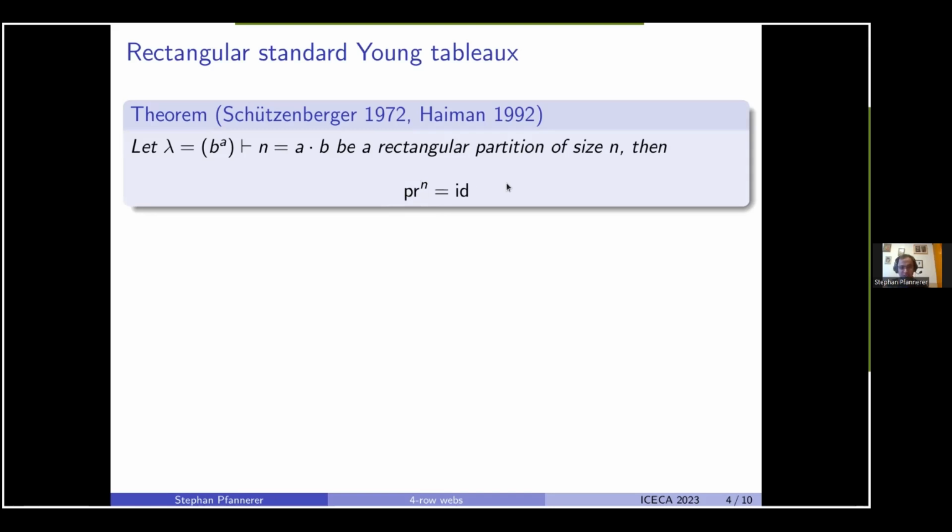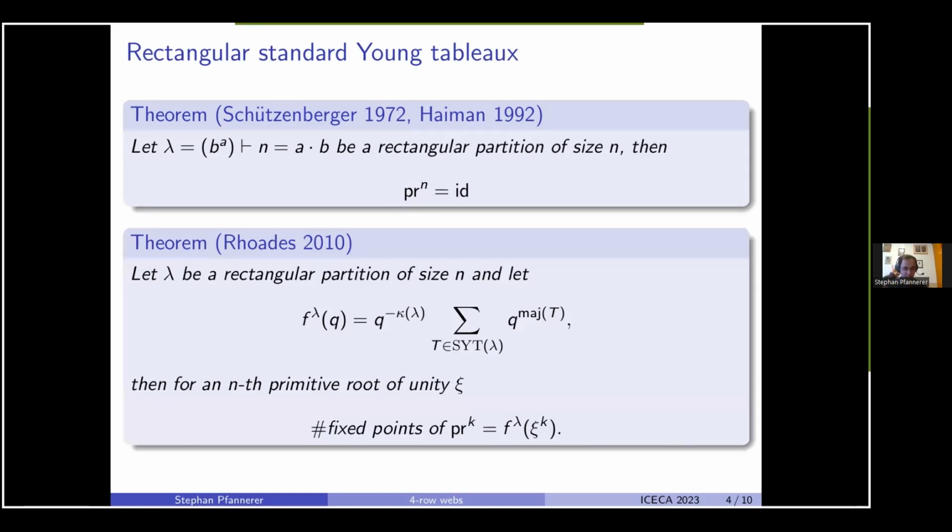On the slides in the presentation before, you have seen the cyclic sieving phenomenon. It's also quite nice that one can describe the full dynamics of this promotion operator by a cyclic sieving phenomenon. We take a polynomial here. This is the generating function for the major index of a standard Young tableau.